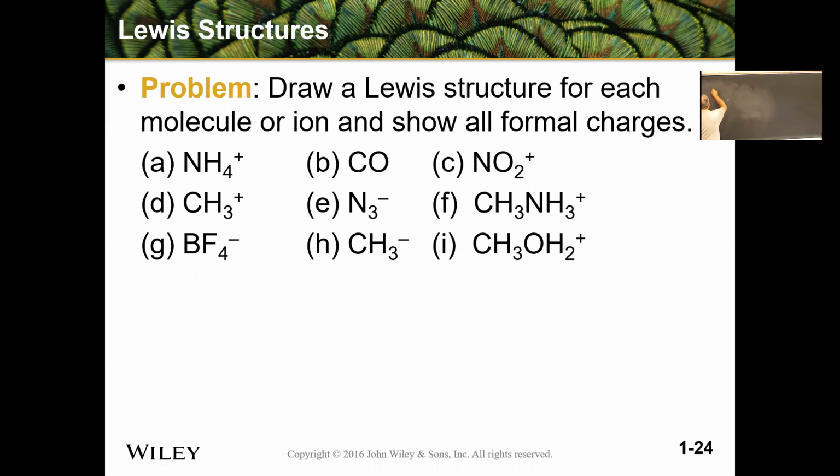For carbon, it's group number 4, minus 2 unshared electrons, minus 3 bonds. So that's minus 1. We already know that carbon monoxide has no charge, and so by default, oxygen would have to be plus 1. Well, let's go ahead and calculate the formal charge on oxygen. For oxygen, group 6, minus 2 for the unshared electrons, minus 3 for the number of bonds, and so that's plus 1.